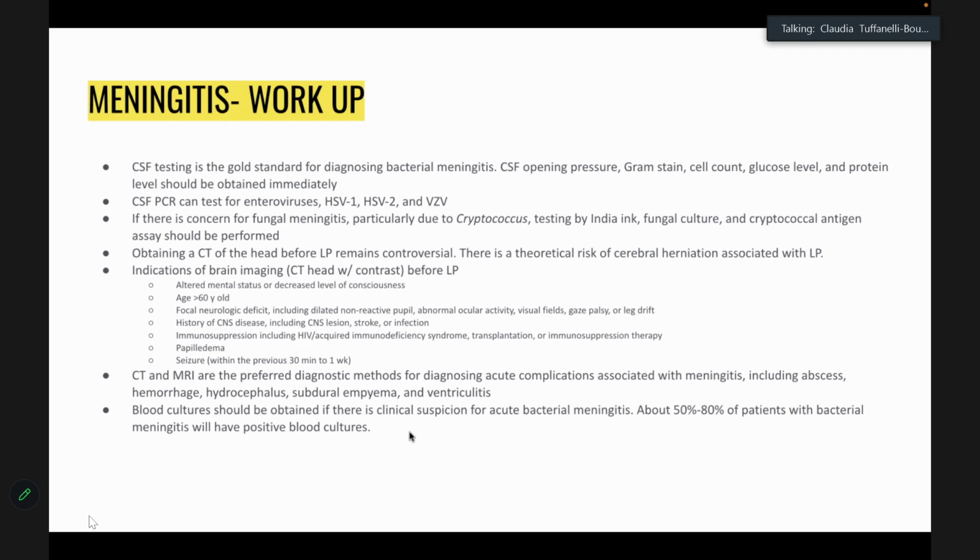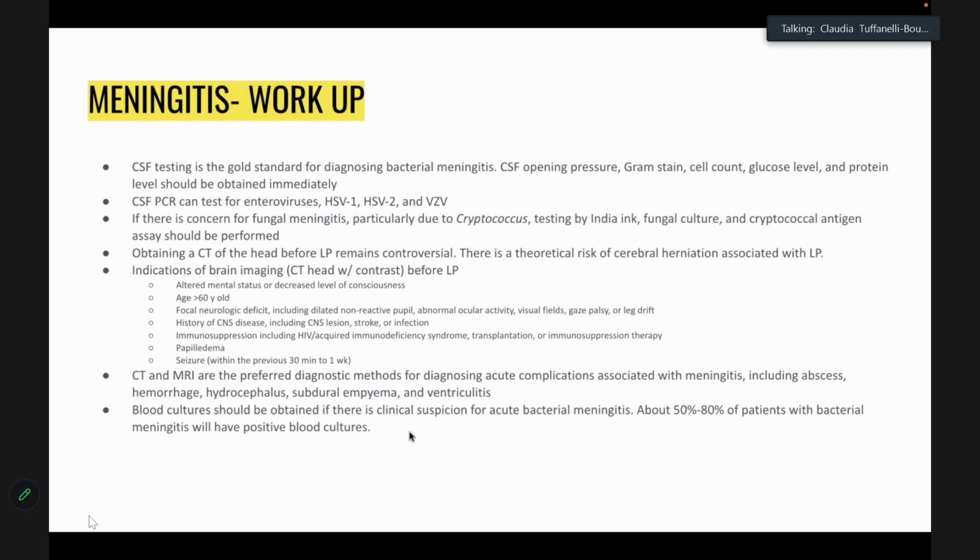So here are the indications for always doing a CT before the LP: if they're over 60, they have severe altered mental status, they have a focal neurological deficit, if there is a history of any CNS disease, like brain cancer, or a recent stroke or infection, if they're immunosuppressed, so an HIV patient or a transplant patient, if they have papilledema on exam, and if they've had a seizure.